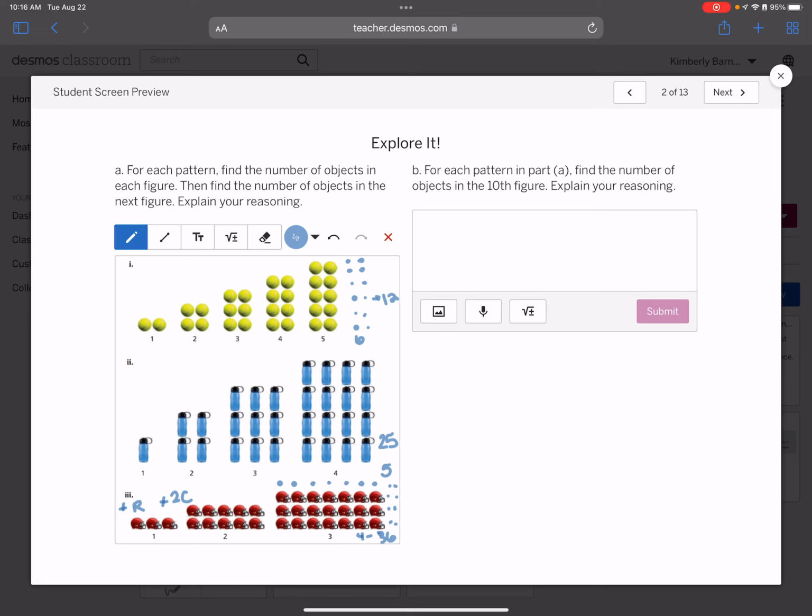Now looking at part B from part A, if we want to find the number of objects in the 10th figure, the thing we're going to think is I want to make an equation.